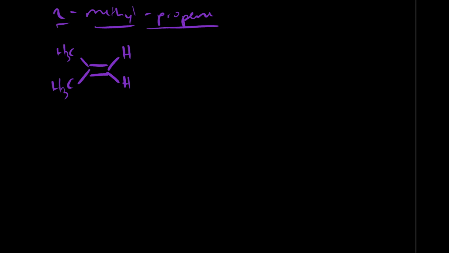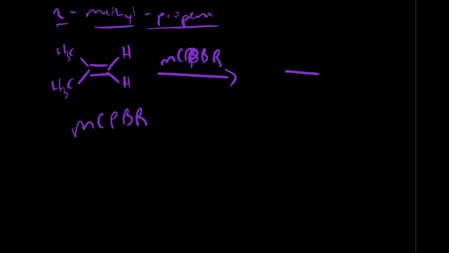And so what's going to happen is we're going to add something called mCPBA. And so what you've probably learned is that you just draw an arrow, you say mCPBA, and then you form this beautiful doubly flanked epoxide.